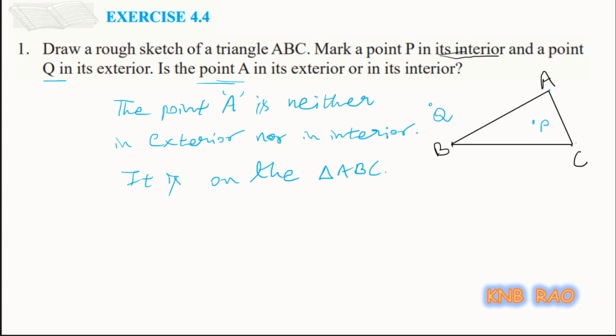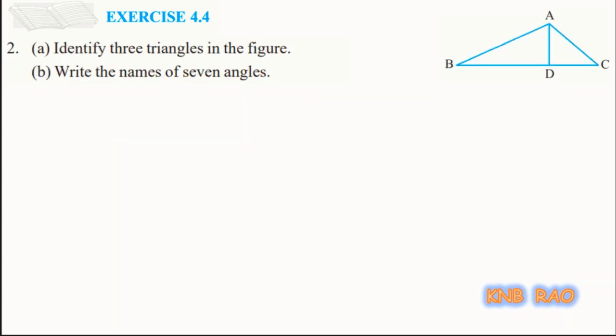Now moving on to question number 2. Question number 2 has got sub questions. In fact, there are 4 sub questions, of which I am showing you only the first 2. So sub question A: identify 3 triangles in the figure. What is this figure?